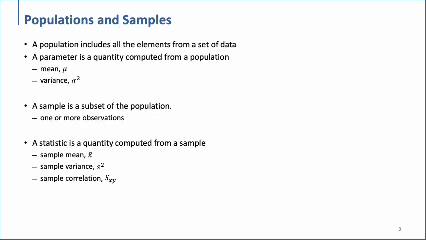And as a part of statistics, let's also learn populations and samples. These are all part of statistics. Here, a population includes all the elements from a set of data.